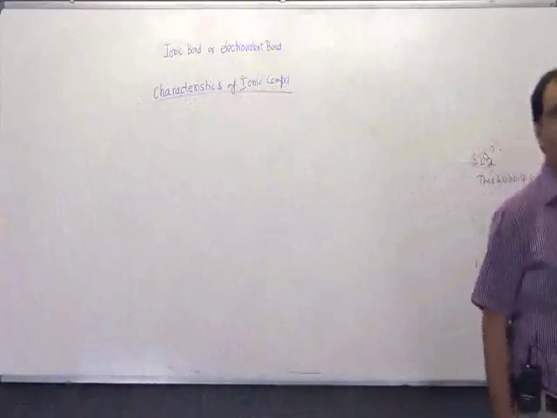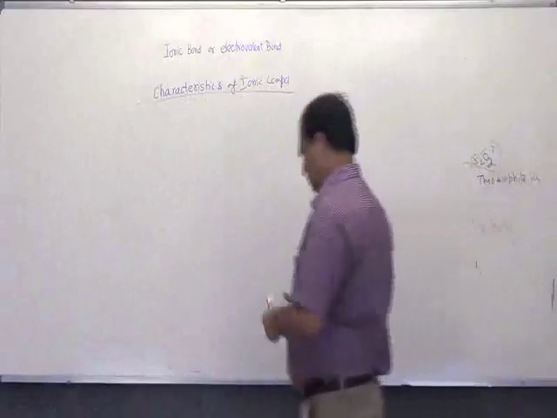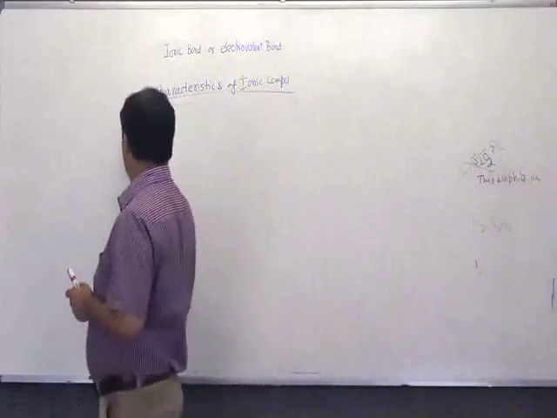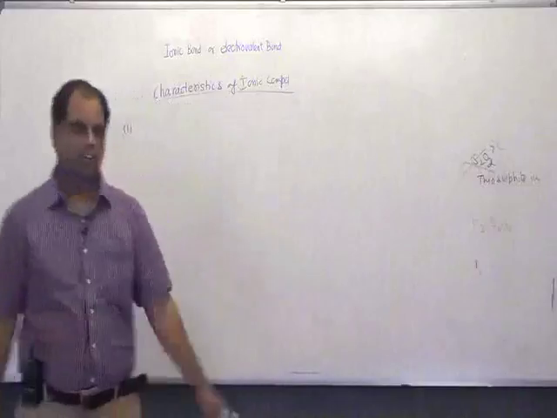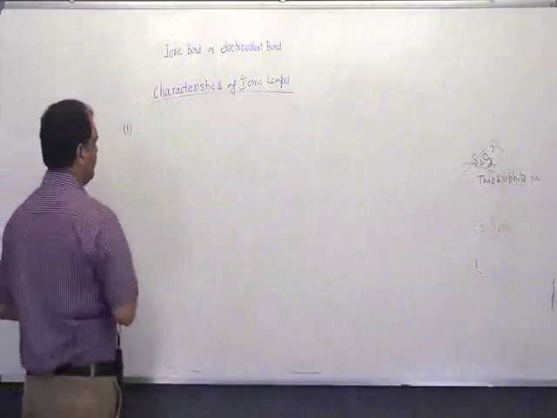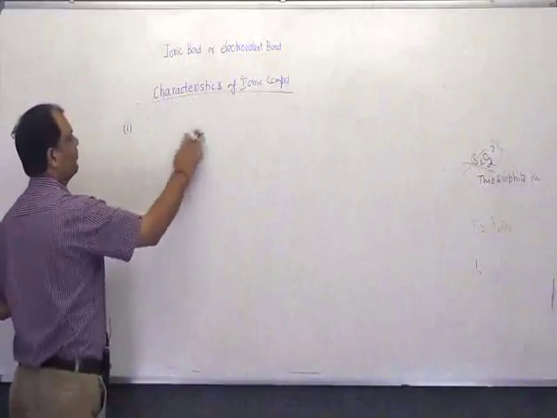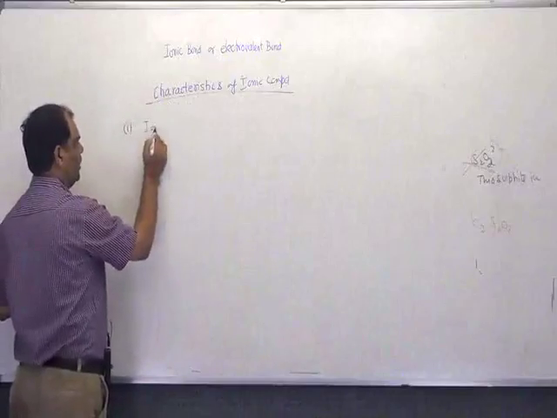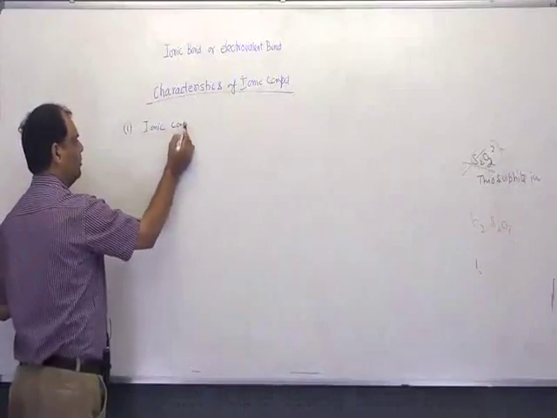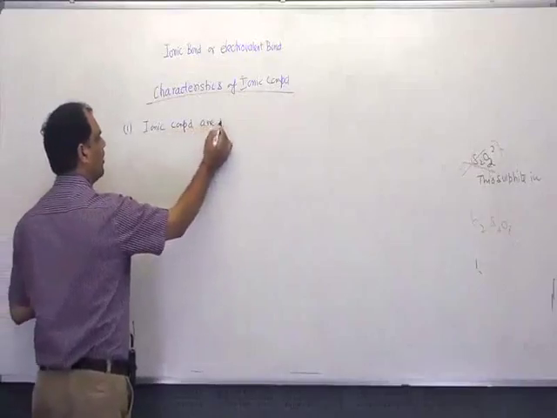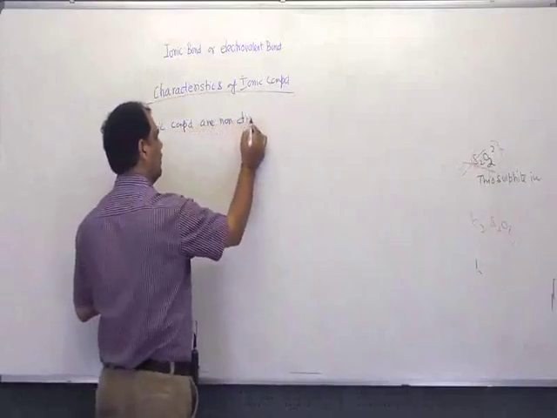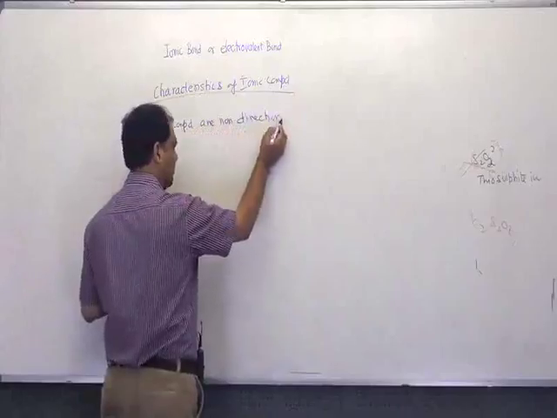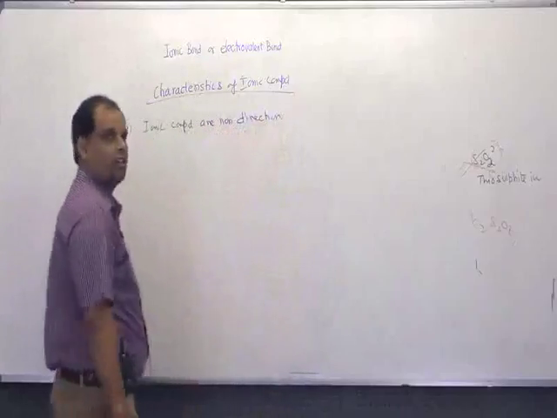We have to write what the characteristics of ionic compounds are. First characteristic: ionic compounds are non-directional.